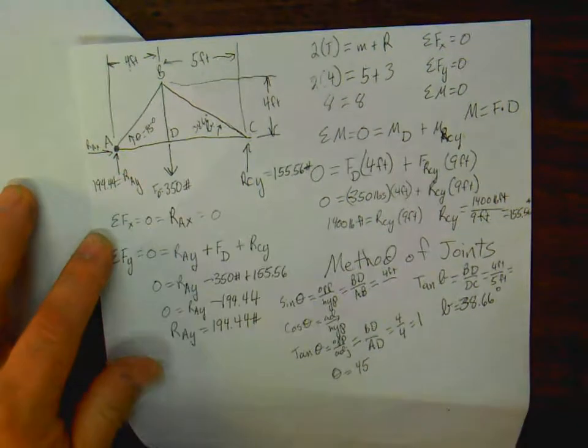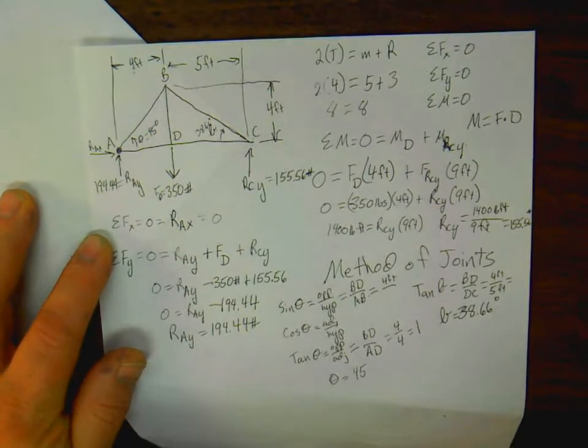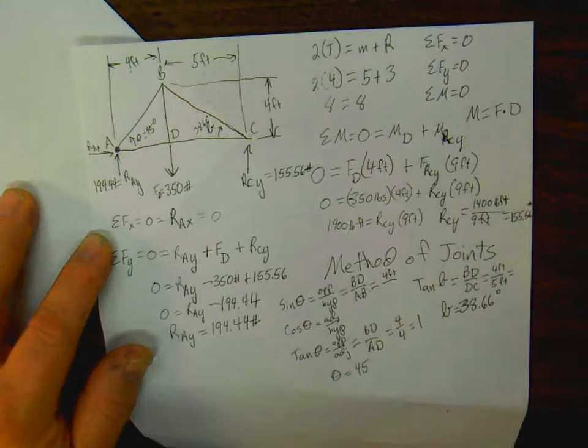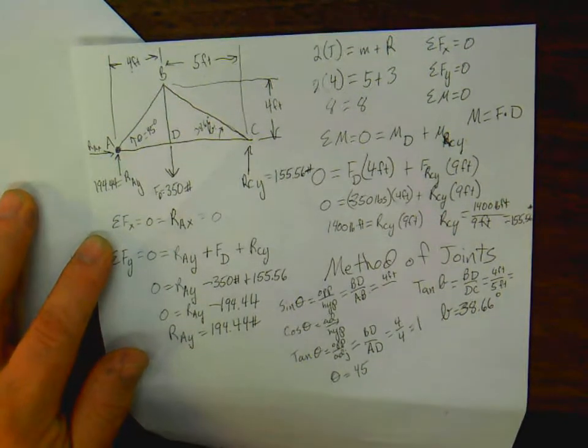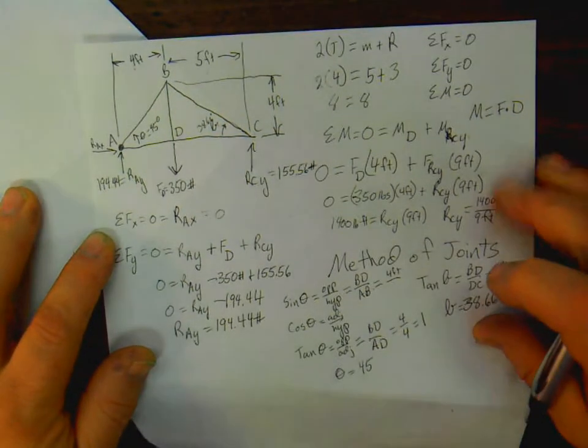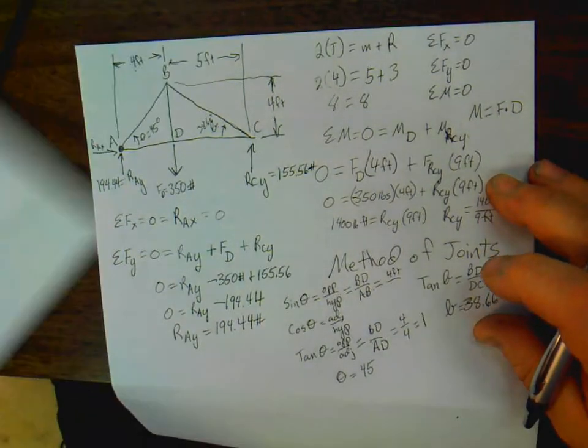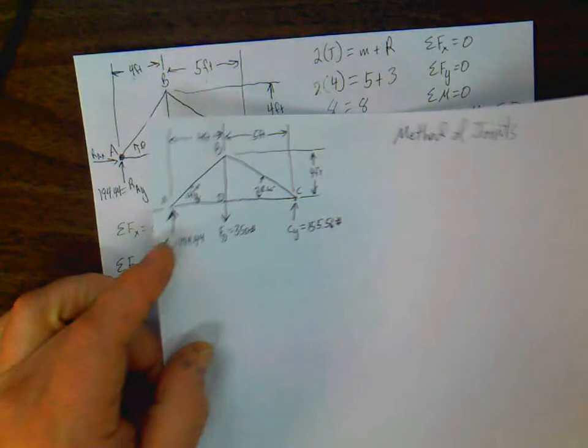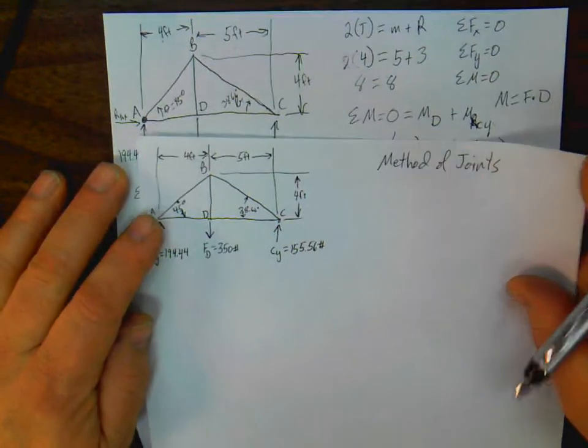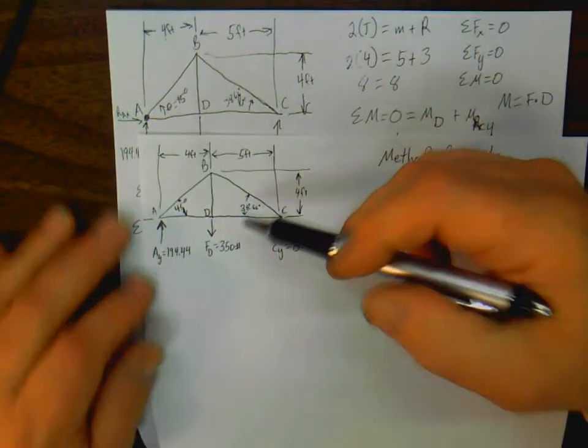Alright, so the last time we worked with you, we did step one of method of joints, where we determined the angles. I'm now going to move on. So I've taken another sheet of paper here and I've redrawn my truss and I've made some replacements.